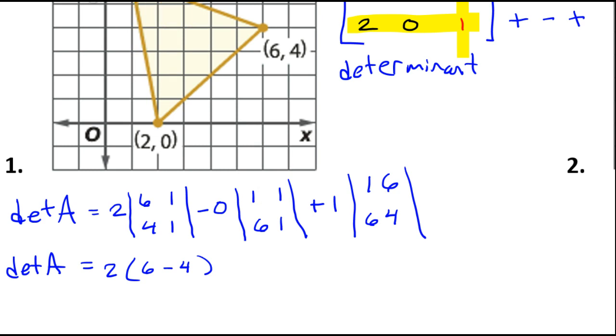Now, right here with the 0, 0 times any matrix is going to just be 0. So that's gone. I'm not going to even bother writing it down. So I'm moving on to this one over here. I've got plus 1 times down diagonal minus up diagonal. So the down diagonal is 4, and the up diagonal is 36. I'm multiplying 1 times 4 and 6 times 6.